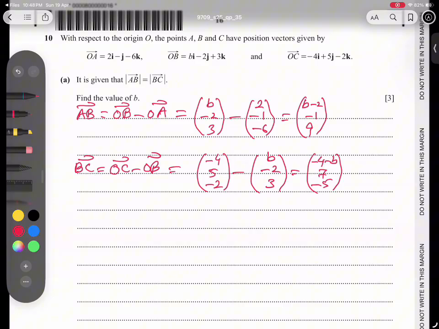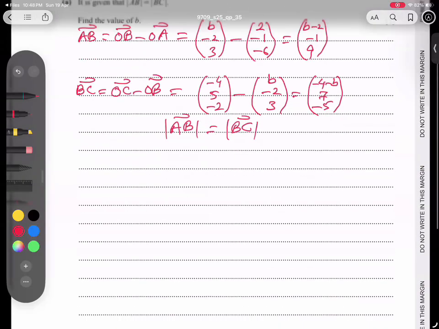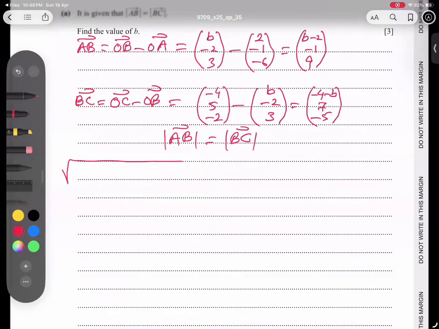This is very clear. Now, students, length. How to find length? Like a Pythagoras theorem. And I can write it here as AB magnitude equal to BC magnitude. So I'm going to apply like this: square of each value and add them.